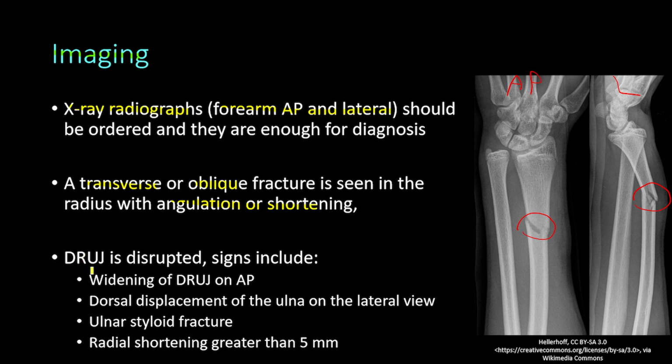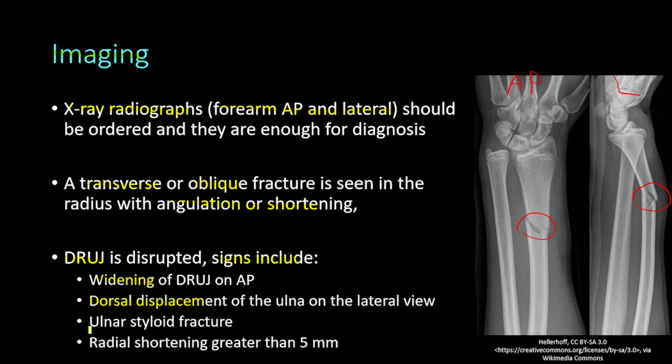Also on the x-rays, we should look for the distal radioulnar joint injury. When the distal radioulnar joint is disrupted, there are signs to look for on the x-rays, and those include widening of the distal radioulnar joint, and they may also include dorsal displacement of the ulna on the lateral view.